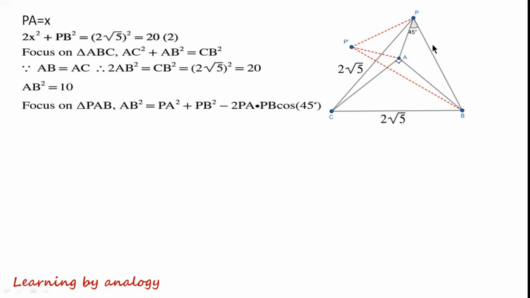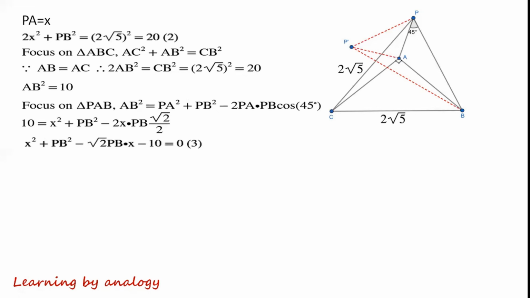AB squared equals PA squared plus PB squared minus 2PA times PB times cosine 45 degrees. 10 equals x squared plus PB squared minus 2x times PB times √2 over 2. x squared plus PB squared minus √2 PBx minus 10 equals 0.